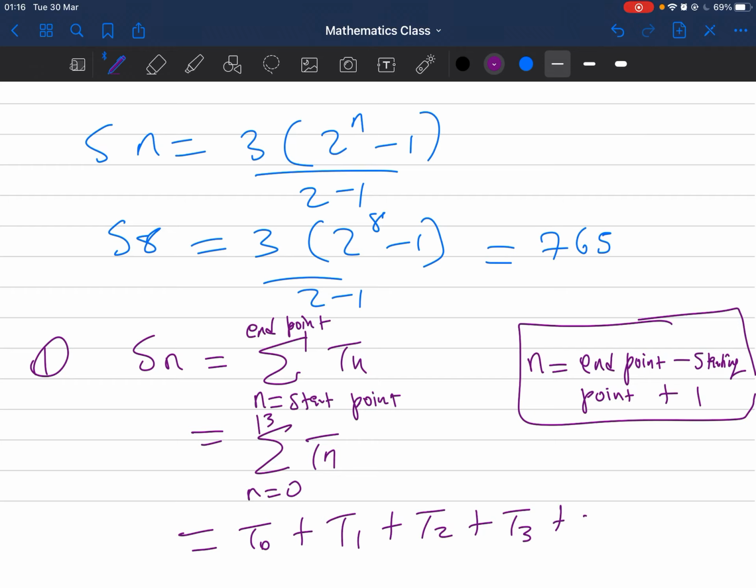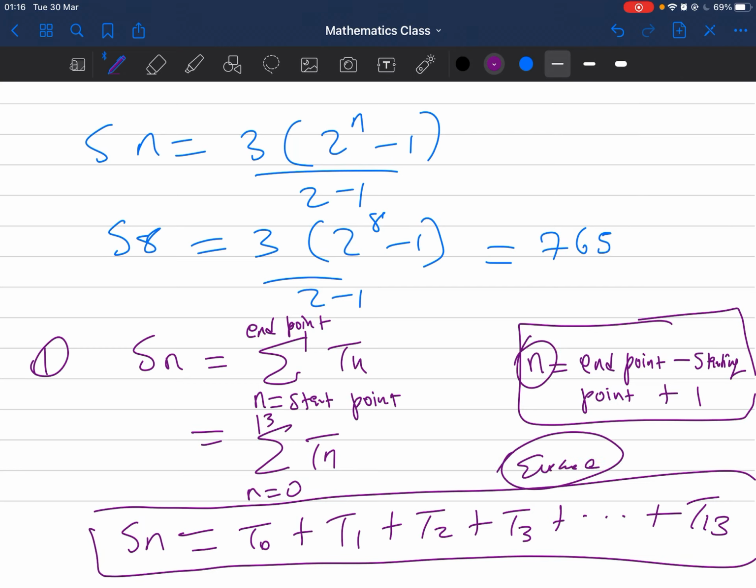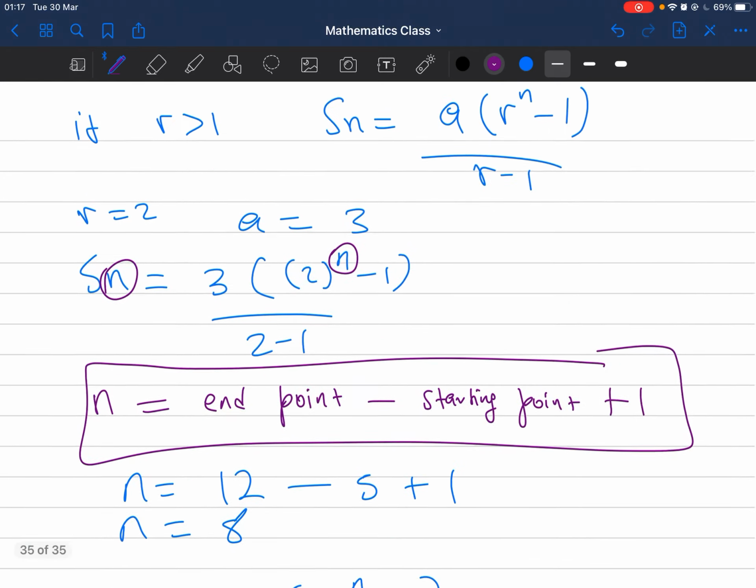It can be 13, it can go as far as 13. So your Sn is going to be this. And then from here, you use your previous information on how to calculate or evaluate this, where your n is end point minus starting point plus 1. This is awesome, actually.